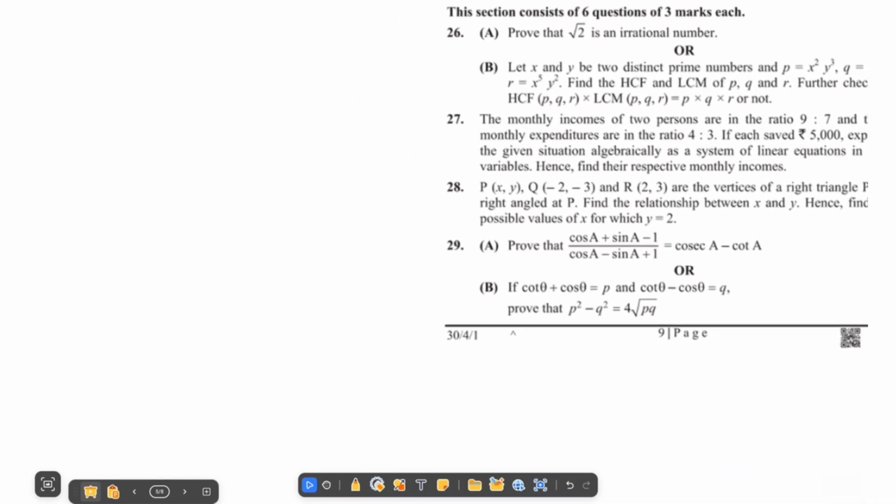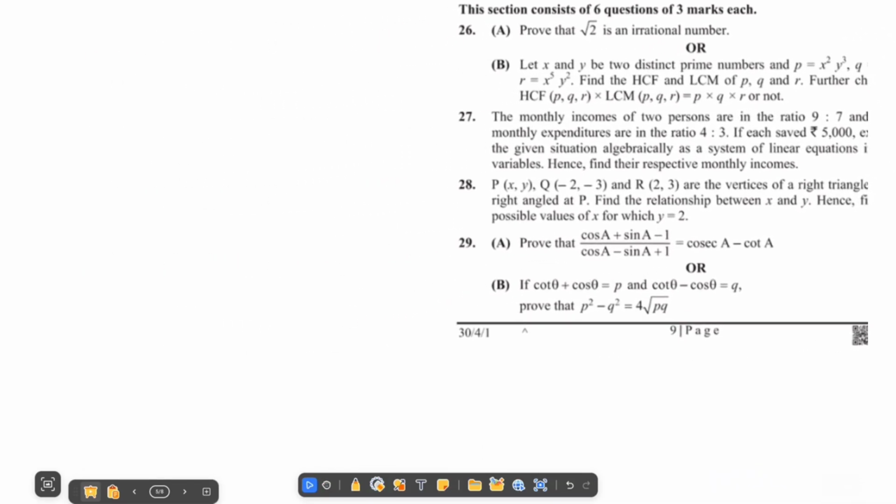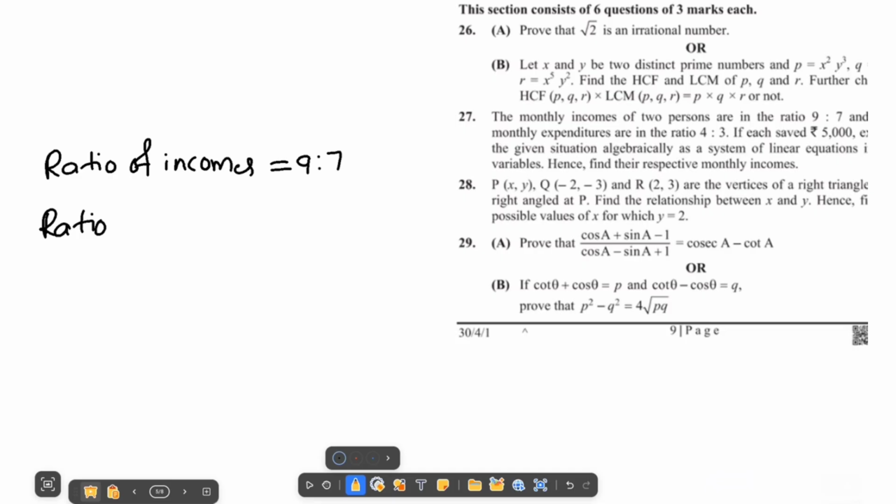So what is the ratio of incomes? The ratio of incomes is 9:7. The ratio of expenditure is given as 4:3.